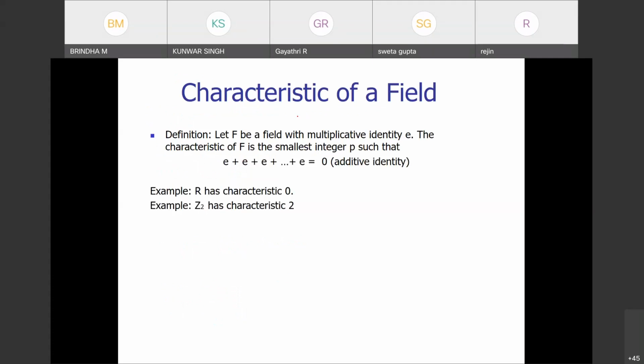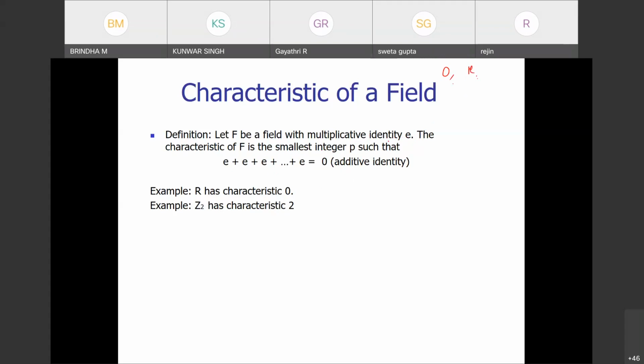One thing used in ECC is the characteristic of a field. So what is this? Let F be a field with multiplicative identity E. The characteristic of F is the smallest integer P such that if you add E P times, it becomes the additive identity 0. In a field you have two identities, because you have two groups: one is the additive identity, generally 0, and the other is 1.